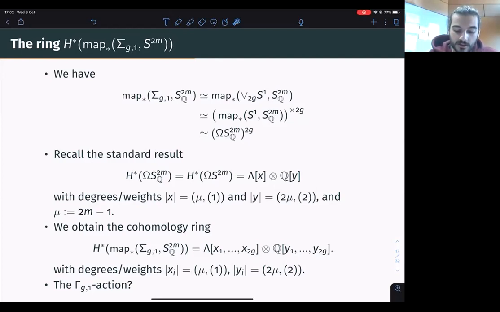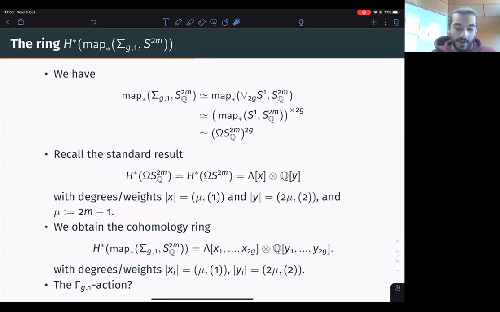And that's an exterior algebra on a generator X tensor a polynomial algebra on a generator Y. And what are this X and Y? These are the classes corresponding to loopings of the identity map on the sphere and the Hopf map on the sphere. So I will write mu for the quantity 2m minus 1. X has degree mu and Y has degree 2 mu.